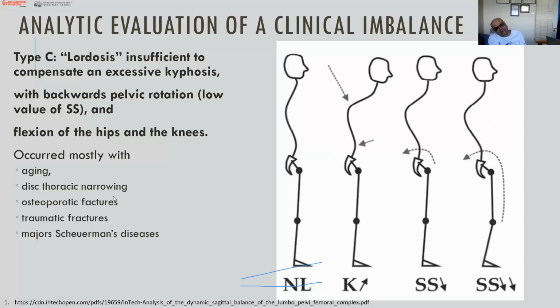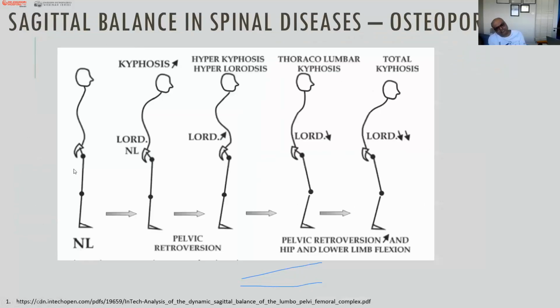Again, regarding sagittal balance in osteoporotic patients, increased kyphosis can cause patients to have increased lordosis, or verticalize the pelvis and flex the hip and the knee.